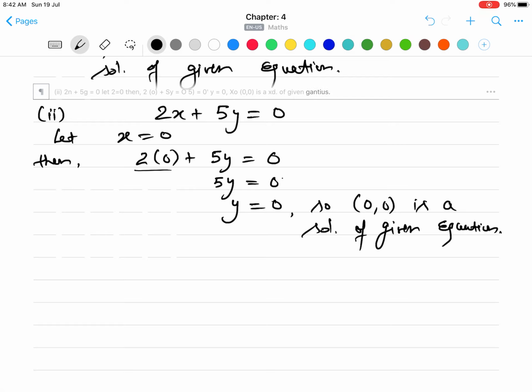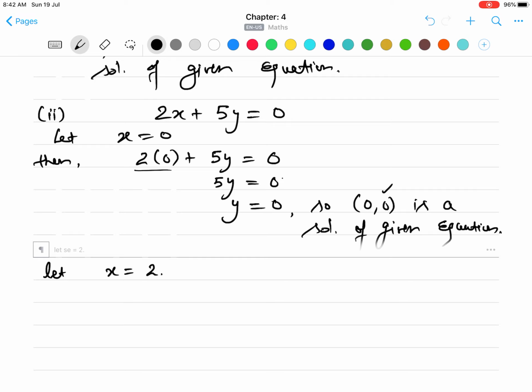Okay, now as I said, in the second we assume that y equal to 0, but we already got y equal to 0 here, so x is also 0, so I have to choose a different value. So let's take x equals 2. Okay, you can choose any value.